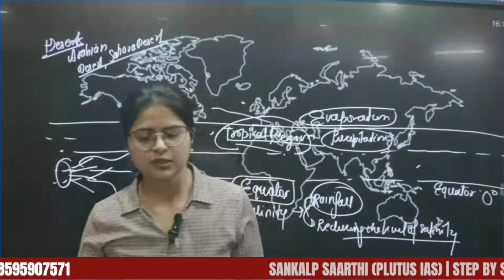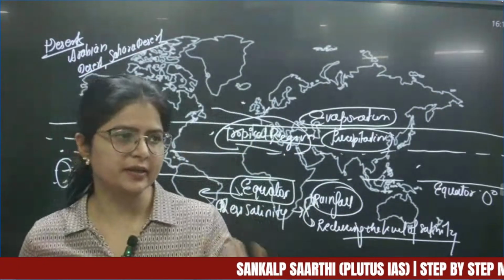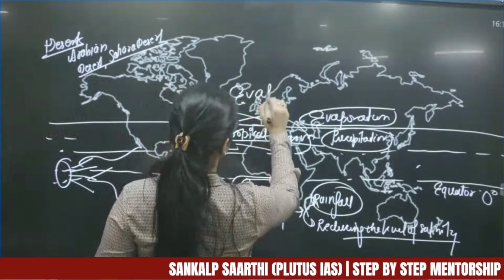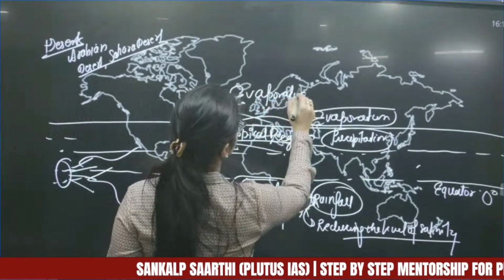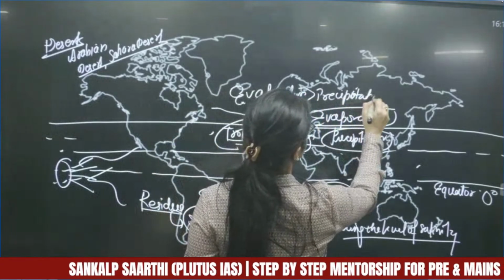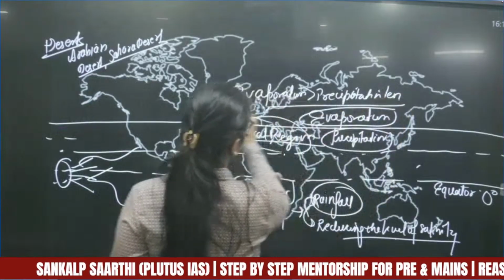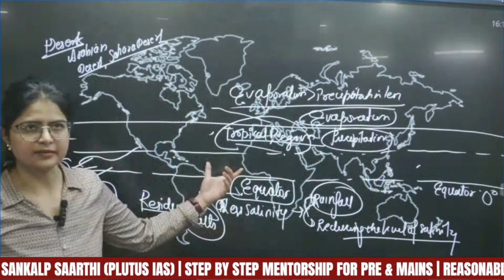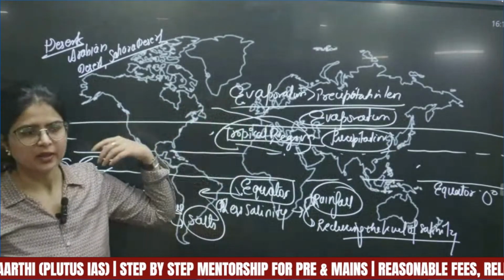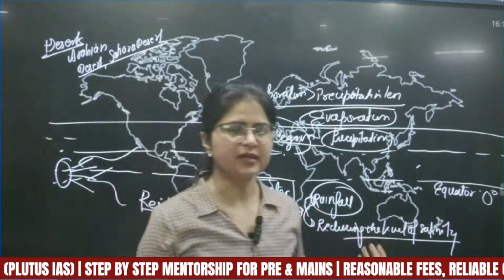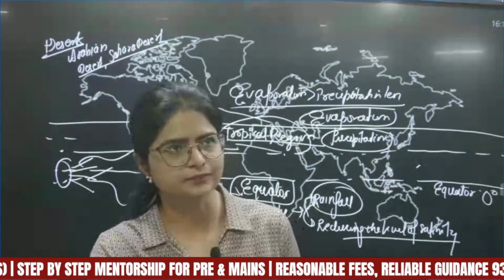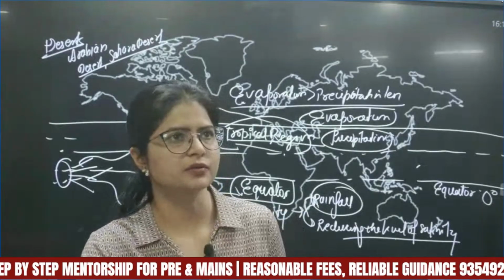Now, when the subtropical regions are having this much, what will happen? The evaporation is more and precipitation is less. When evaporation is more and precipitation is less, obviously they will have more deserts and therefore the salinity of the water bodies will be more. I discussed the case of the Dead Sea. The Dead Sea has the highest amount of salinity; the salt concentration is highest. Why?